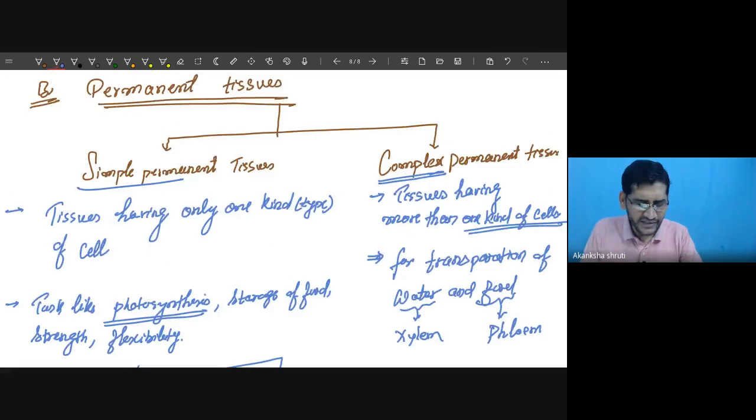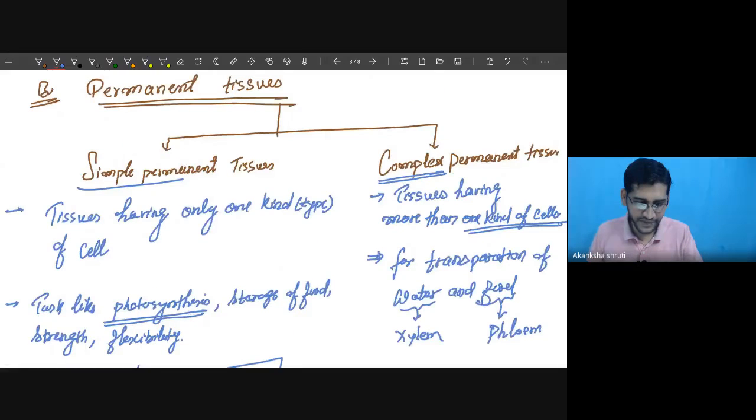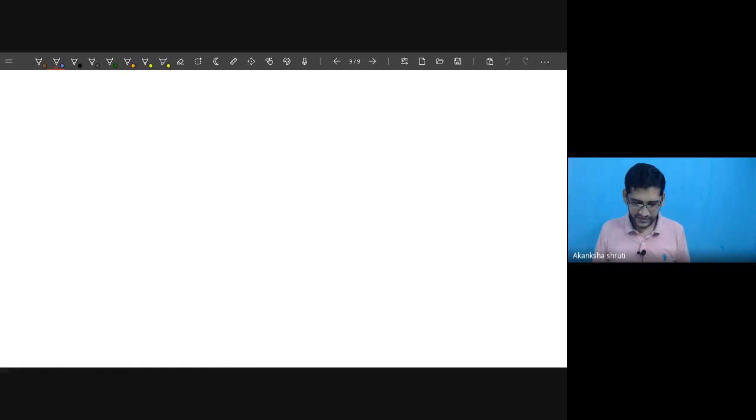So now students, let us start with the simple permanent tissues, in which the first one is our parenchyma. So what is this parenchyma? That we will understand. Let us go for the 1A.